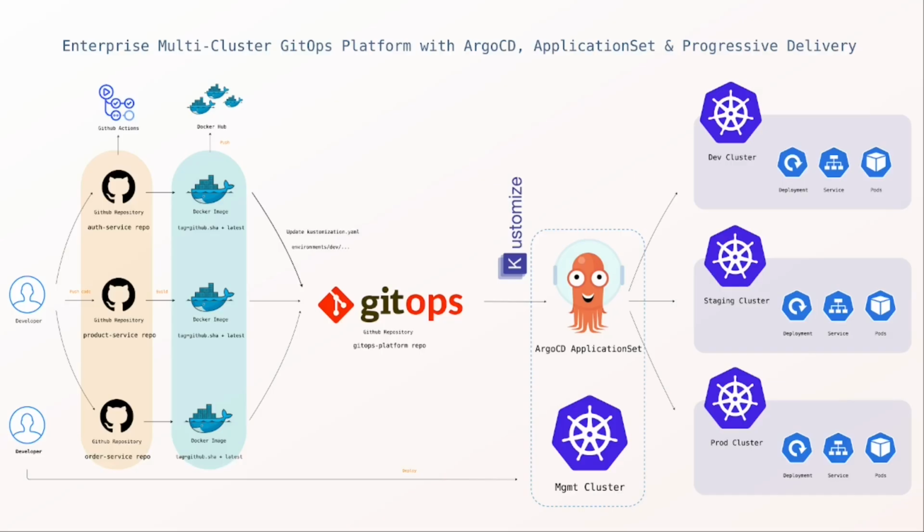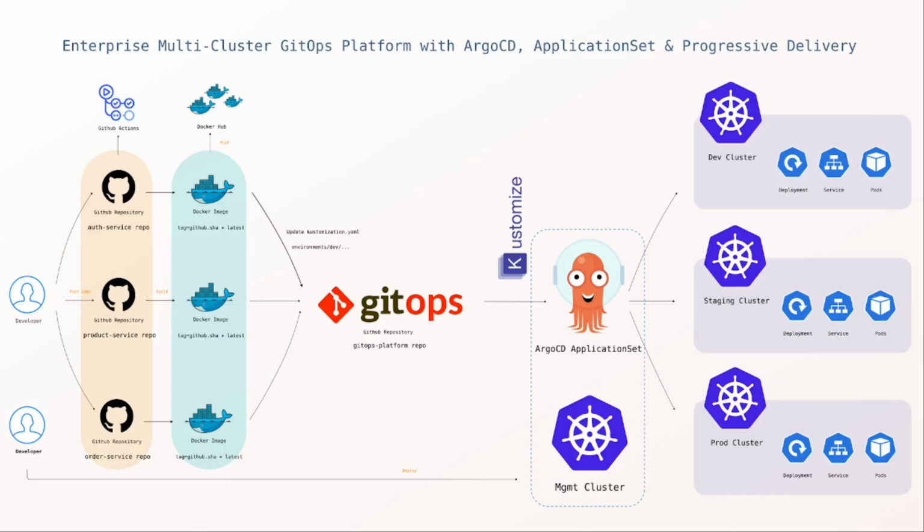Once the image is built, it is pushed to the Docker registry. This step ensures that the application image is stored in a centralized and versioned location, making it accessible for deployment across different clusters. After that, the pipeline updates the Kustomize YAML file in the GitOps repository with the new image tag.